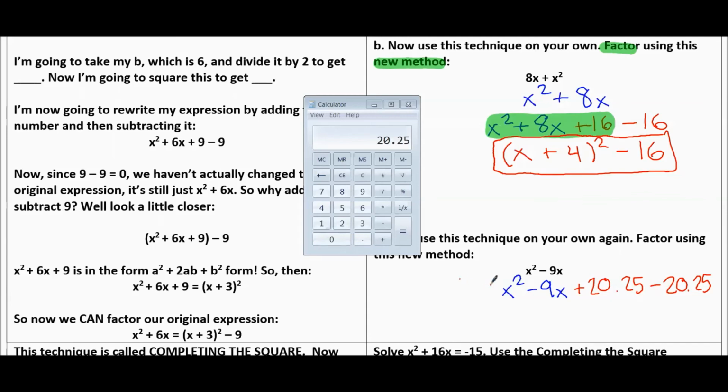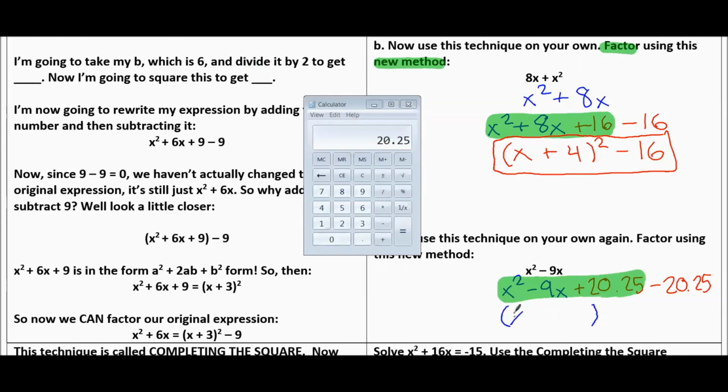Okay, that should mean that this trinomial is a perfect square trinomial somehow. How can that be a perfect square trinomial? Well, we assume it is.